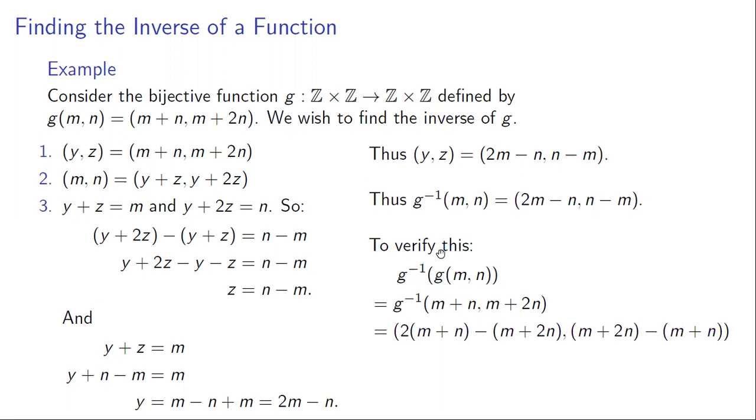Now, g inverse says do 2 times m minus n. So in other words, take the first input, multiply it by 2, and then subtract from that the second input.